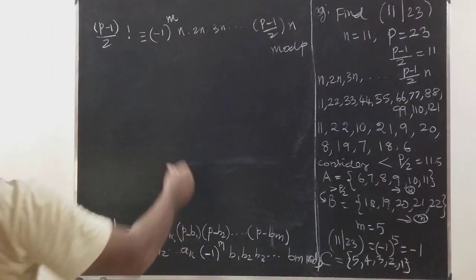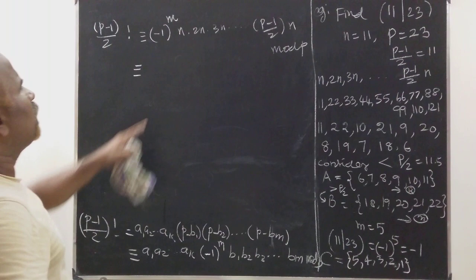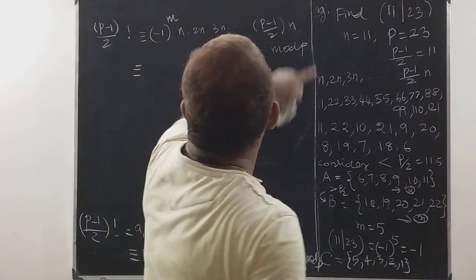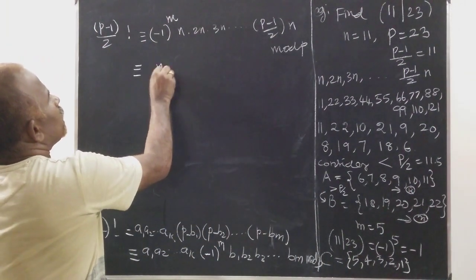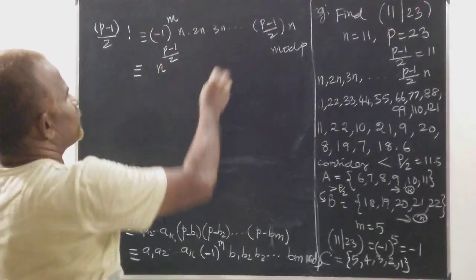Okay. So this is congruent to n, how many times? N power (P minus 1) by 2 times.